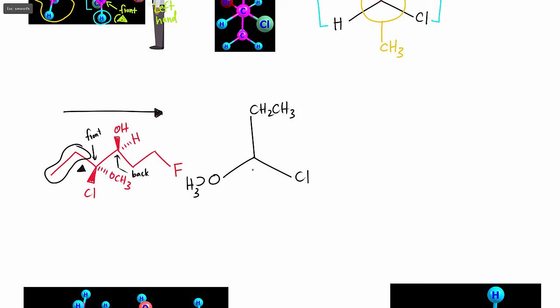Okay? Now, my back carbon is going to be represented by this circle. All right? So, what's coming out on my back carbon is going to be on my right side is going to be OH.